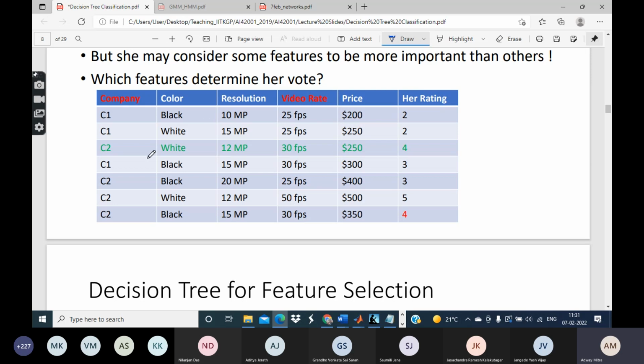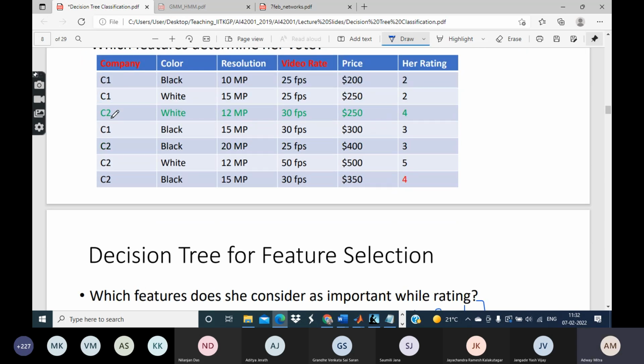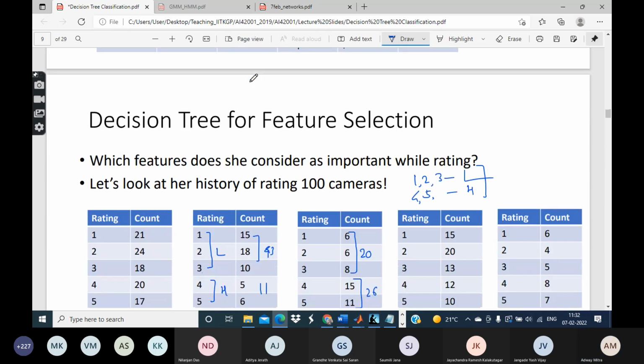So it's possible that company C2 is a specialist in video cameras, while company C1 is a specialist in static cameras. In that case, naturally her ratings will be biased against company C1 and in favor of company C2, not because she has anything for or against these companies, but because one company gives her what she wants and the other does not. That's all.